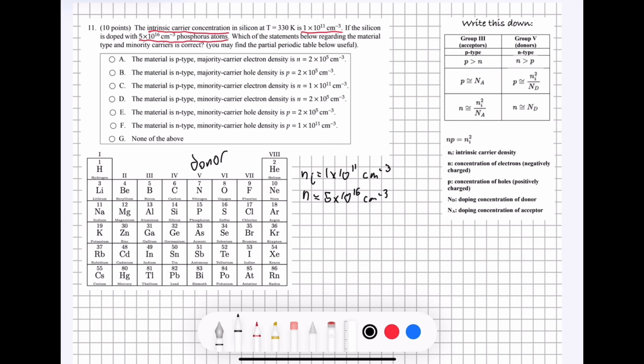All right, now that we have those two values, we can put them into our equation: NP equals Ni squared. And this is going to be equal to 5 times 10 to the 16 times P equals 1 times 10 to the 11 squared.